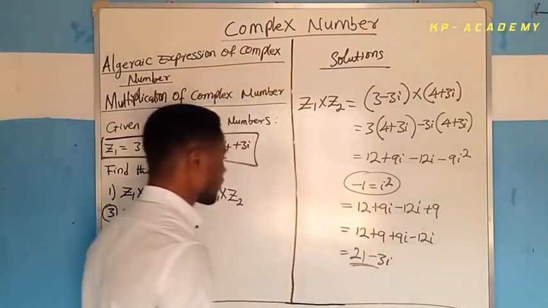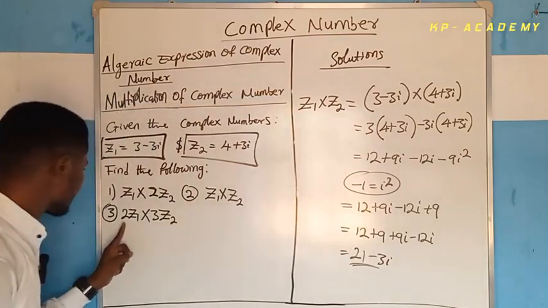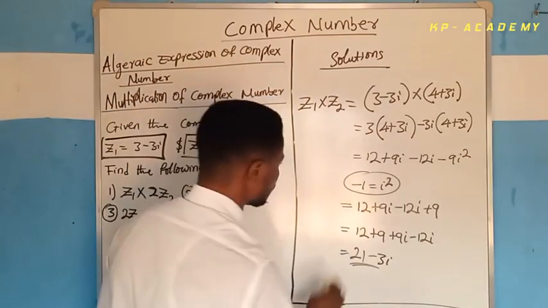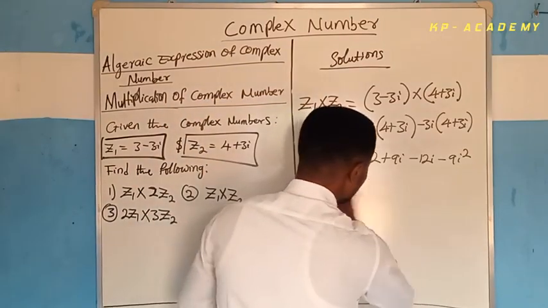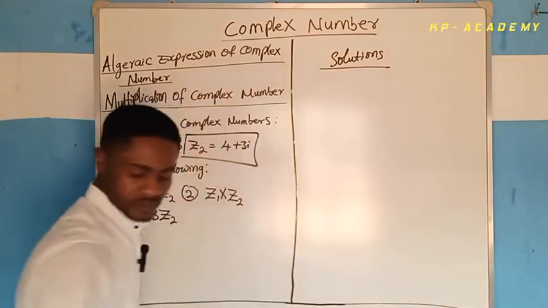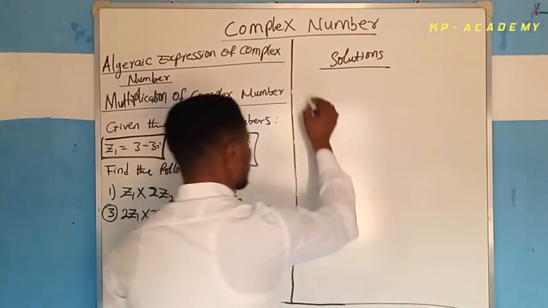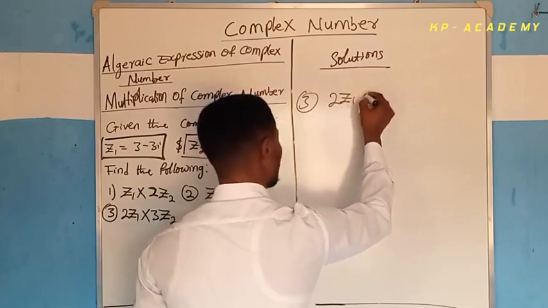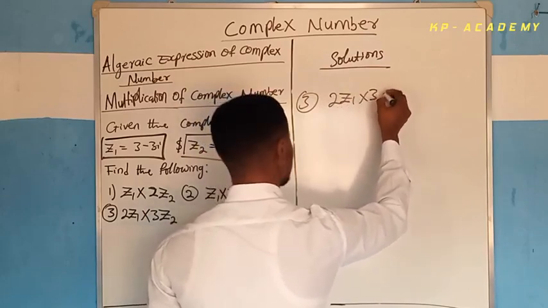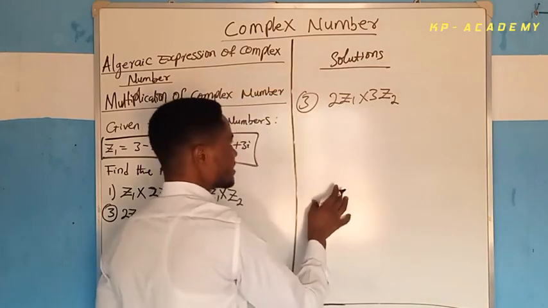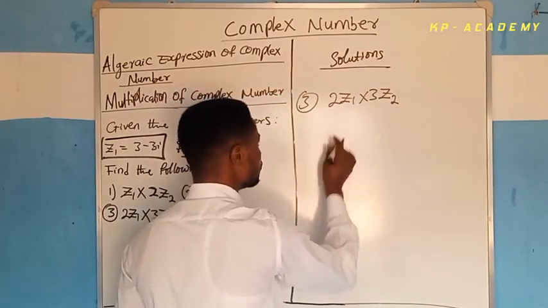Okay, so finally, let us look at the third one, which says 2z1 times 3z2, and let us see what we are going to have. In this last case, we are going to do it similarly.